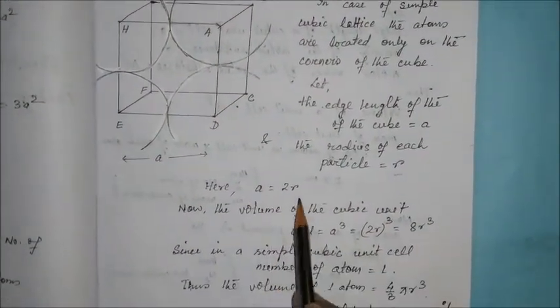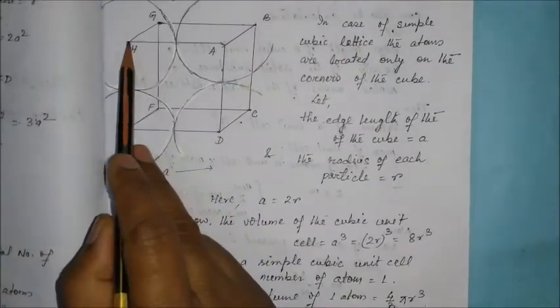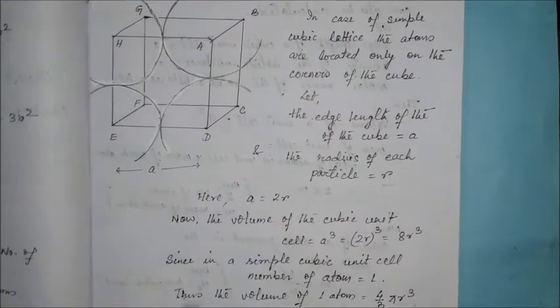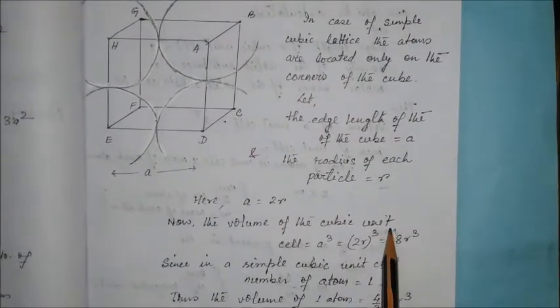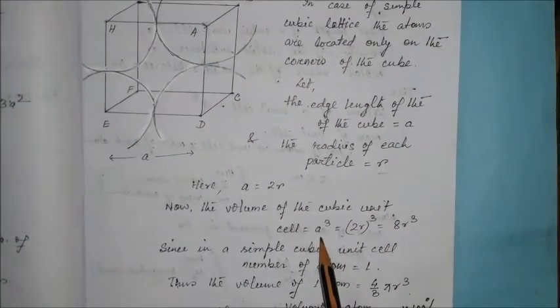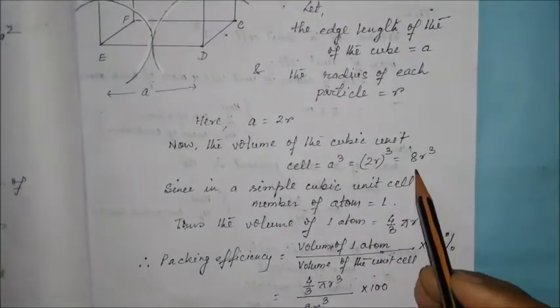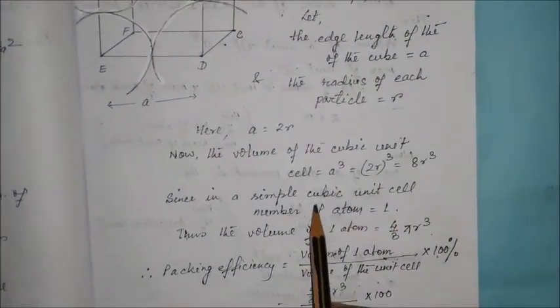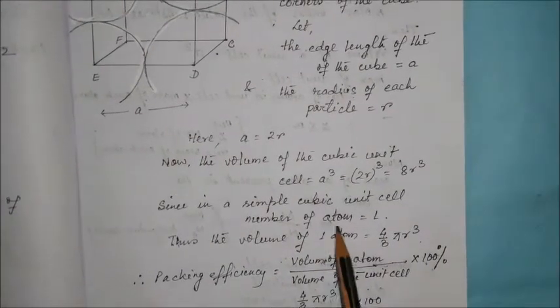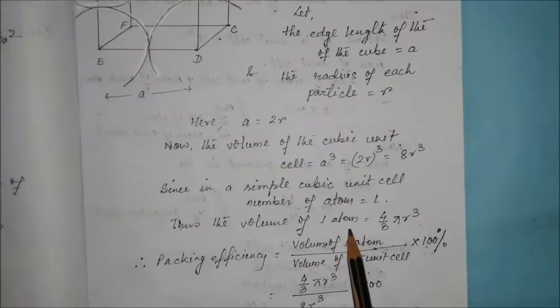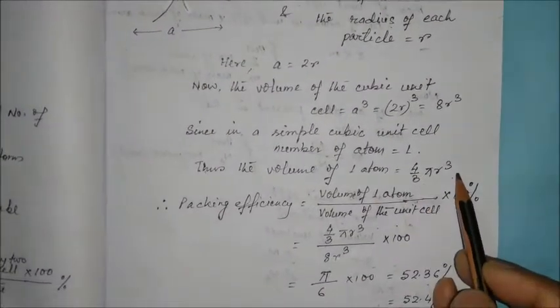Here a is equal to 2r, since the edge length is r plus r, which is 2r. Now the volume of the cubic unit cell is a cube, which is 2r whole cube, equal to 8r cube. Since in a simple cubic unit cell the number of atoms is only 1, the volume of one atom is 4 by 3 pi r cube.